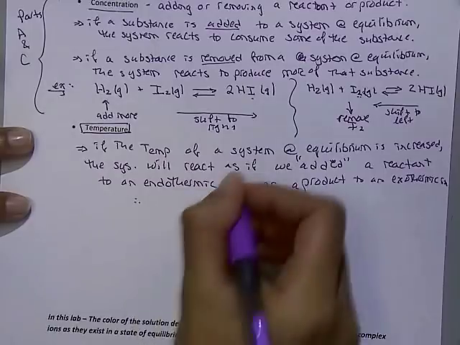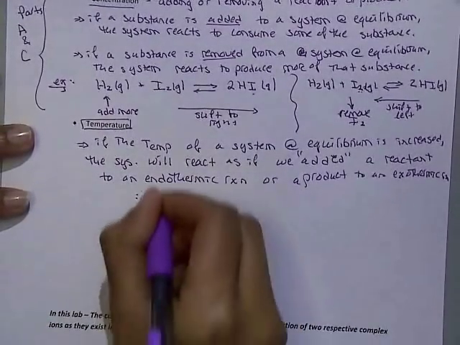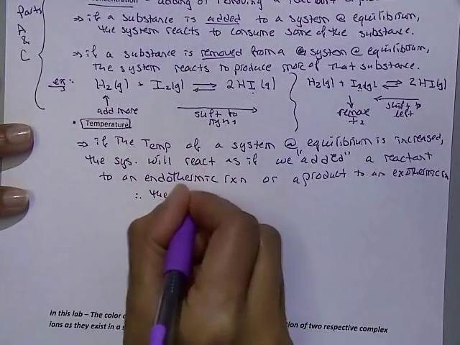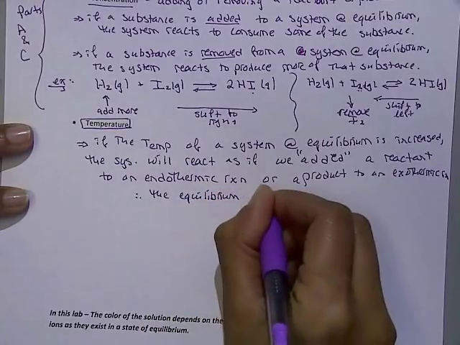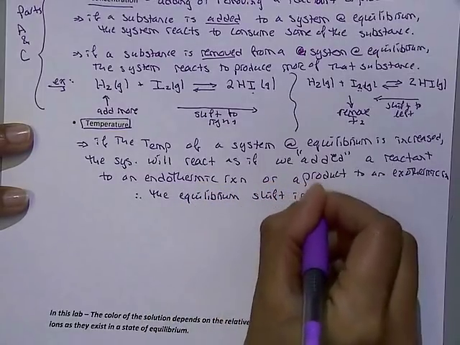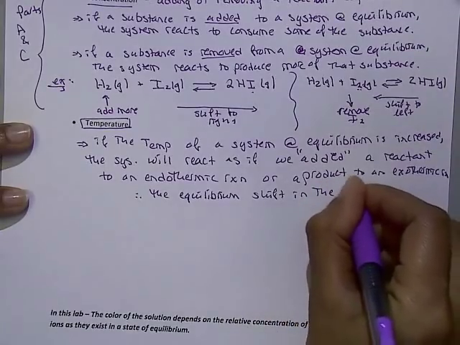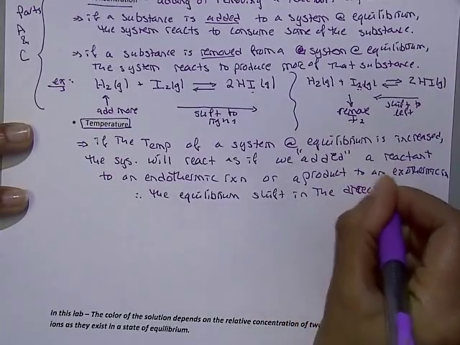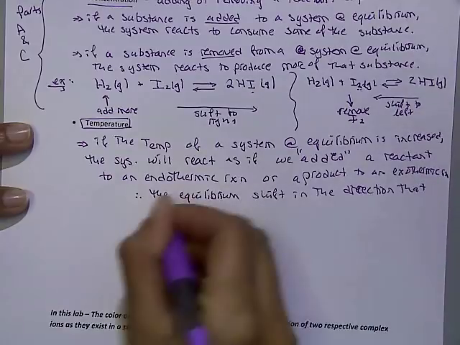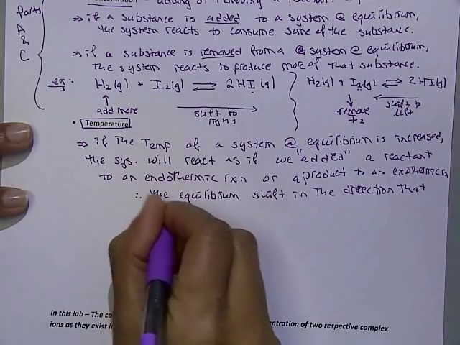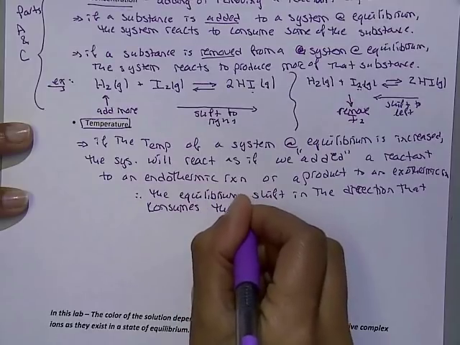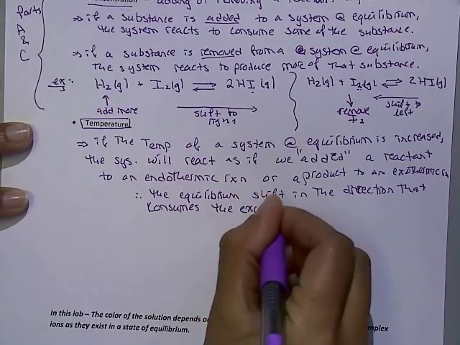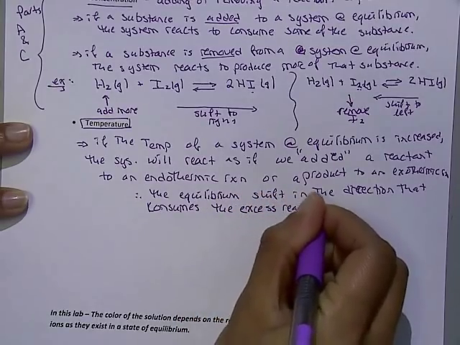So by having this occur, the equilibrium in this case will shift in the direction that consumes the excess reactant.